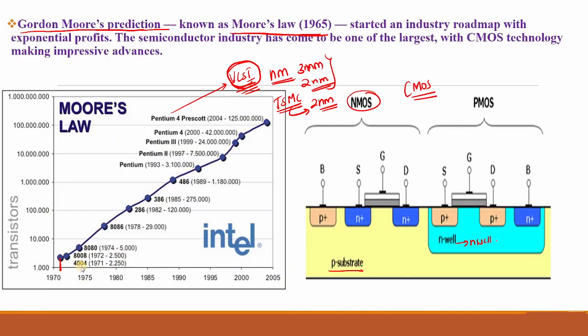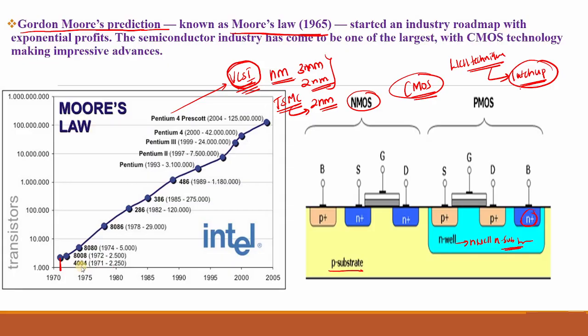N well is acting as an N substrate. In the N well, we fabricate two P plus regions, and this is my body for the PMOS. So like this we can fabricate. This is the well technique. There is one disadvantage in the well technique, that is latch up. Latch up also we'll discuss. What is this latch up? What are the disadvantages?